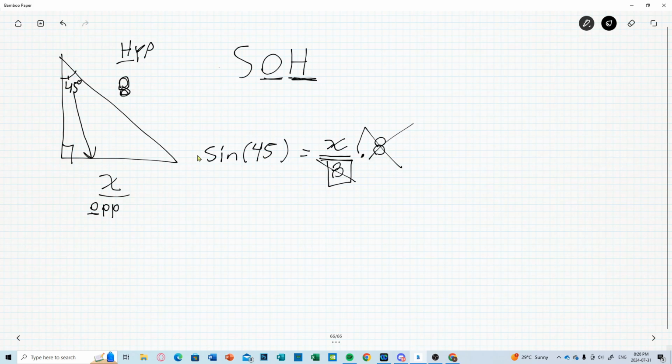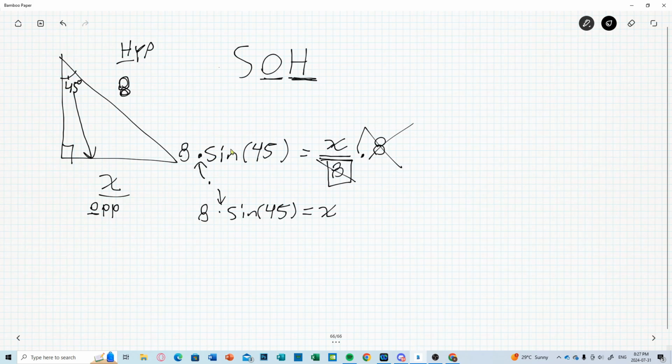And what you do to one side, you must do to the other, making this 8 multiplied by sine 45 equal to x. And by the way, this little dot means multiplication, in case anyone hasn't seen that before.